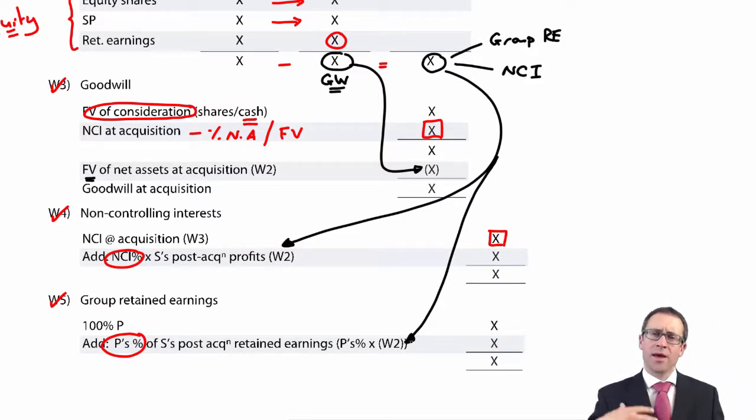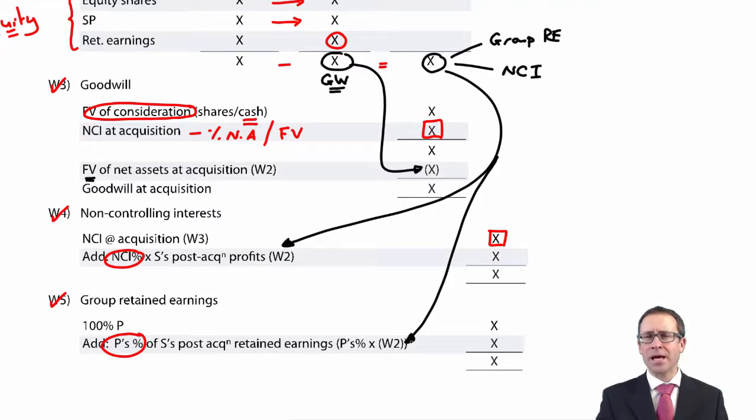Okay, so again, that post-acquisition profit figure comes from working number 2. So it looks at the movement in net assets from the acquisition date to the reporting date, and that figure then feeds in, for which you take P's share in the group retained earnings, and you take the NCI share in the non-controlling interest working.